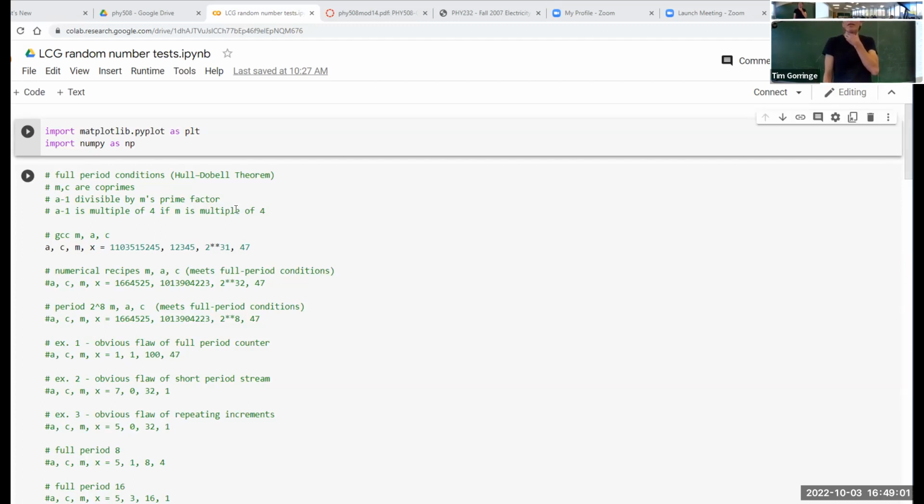So this is my code in which I'm going to generate some sequences of random numbers. I'm just importing NumPy and Matplotlib so I can use some arrays and I can make some plots. That's what I'm doing here.